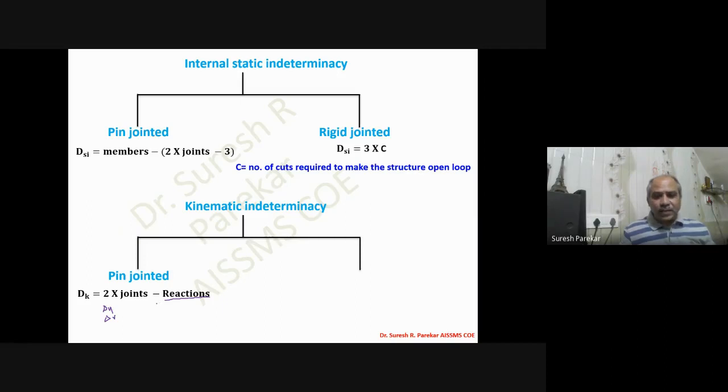We have either displacement or reaction, and both will come only in two cases: one is spring and another is sinking. Otherwise, we have one of the two. If we have displacement, then reaction is not there. If we have reaction, then displacement is not there. Then for rigid joint, we have the number of unknown displacements, and that we are going to say directly is Dk.